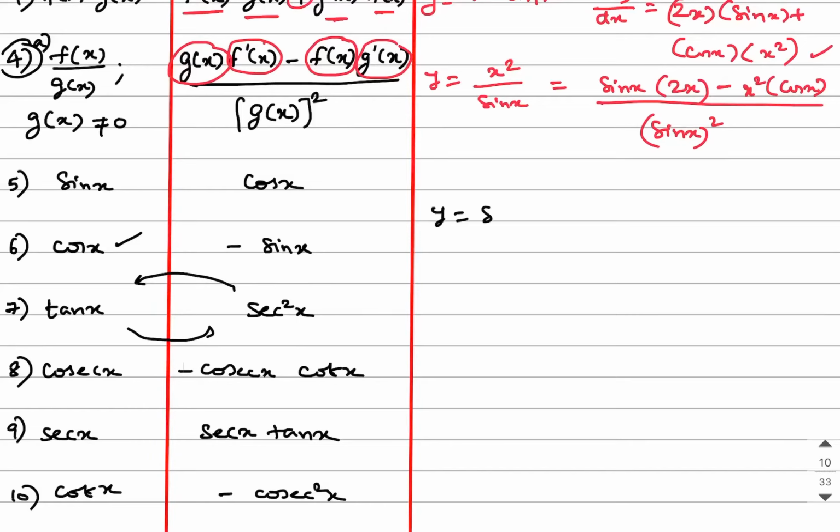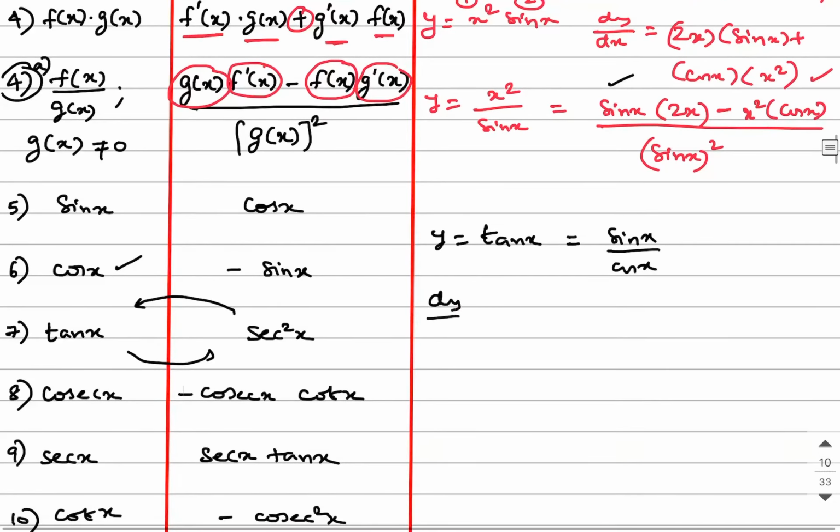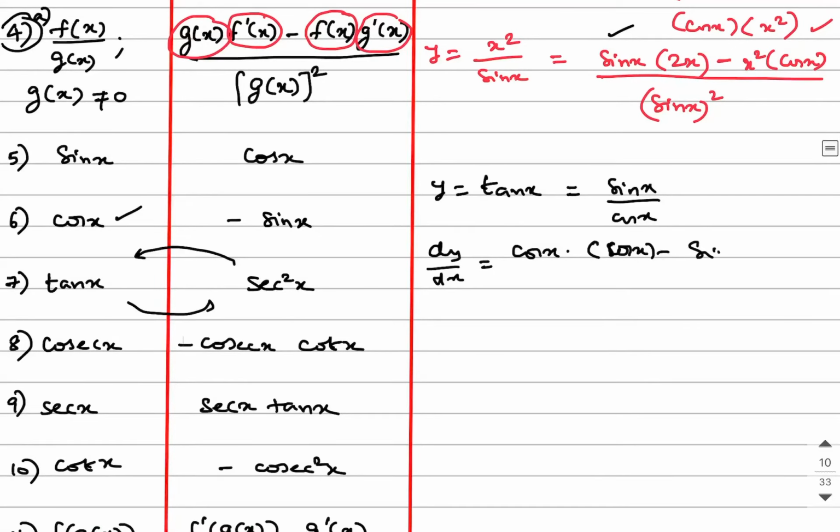So if you have y is equal to, let's say, tan x, I can write it as sin x divided by cos x. Then apply the fourth a rule, f of x by g of x. Then dy by dx will be equal to denominator into derivative of numerator, the derivative of numerator is cos x, minus numerator into derivative of denominator, which is minus sin x, whole divided by the denominator square, that is cos x the whole square.